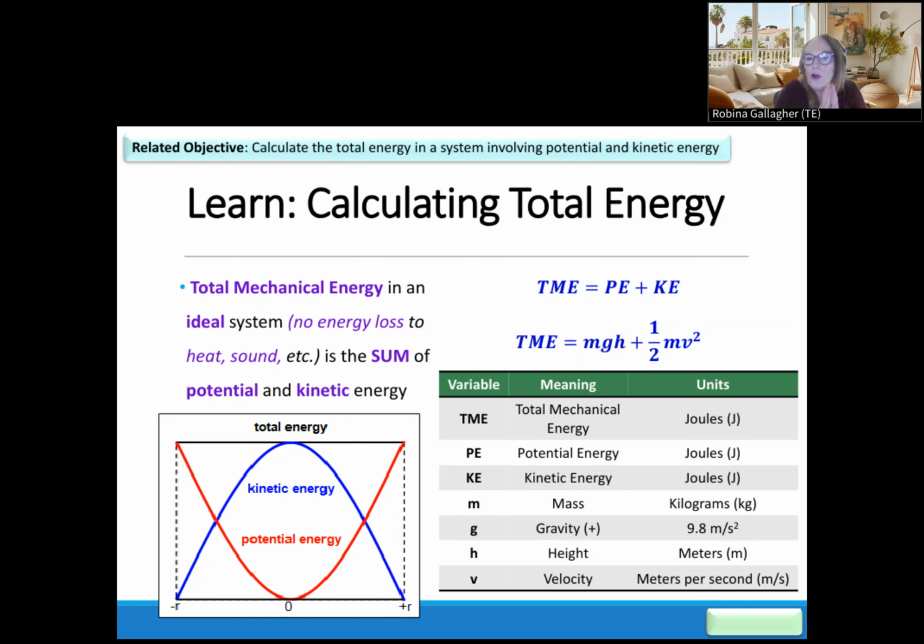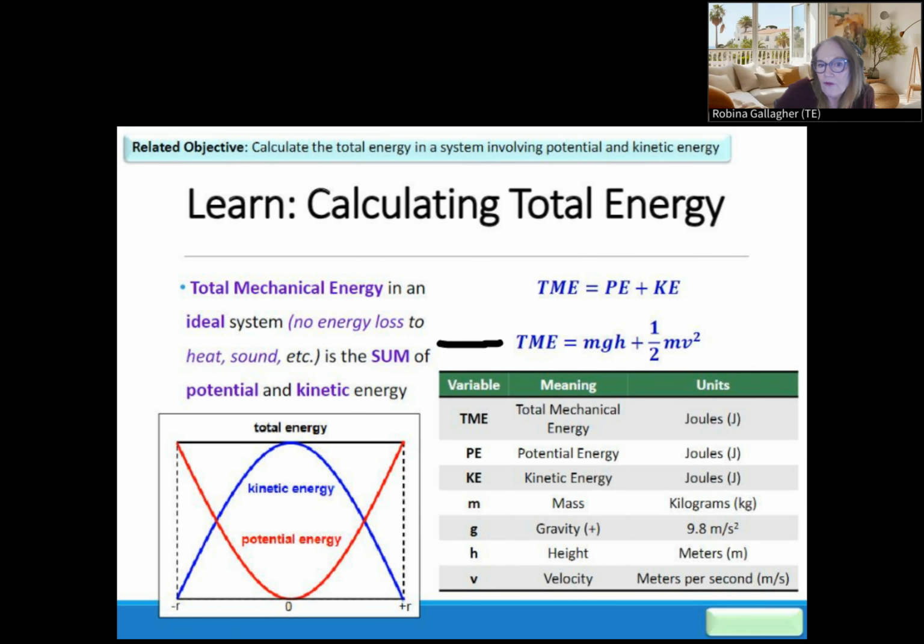The total mechanical energy is potential energy plus kinetic energy. Yesterday, we learned the formulas for kinetic energy and potential energy. And you can see our new formula for total mechanical energy is just the potential energy plus the kinetic energy. Okay. So easy peasy lemon squeezy.